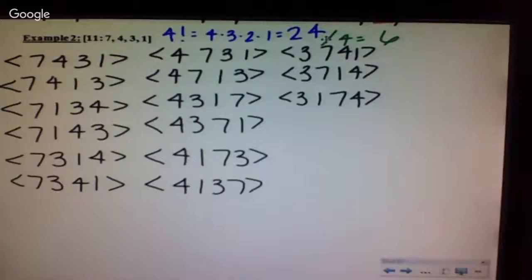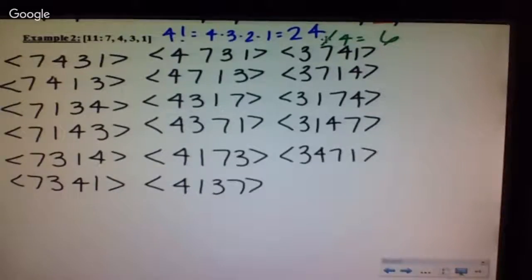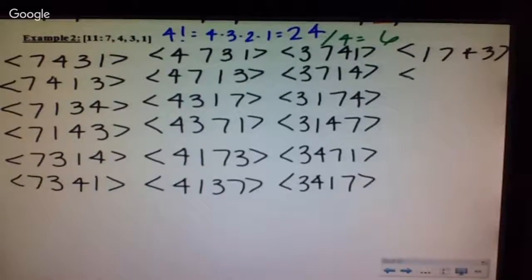You get a whole page for it. 3 1 4 7. 3 4 7 1. 3 4 1 7. Now we gotta do the ones. 1 7 4 3. 1 7 3 4.